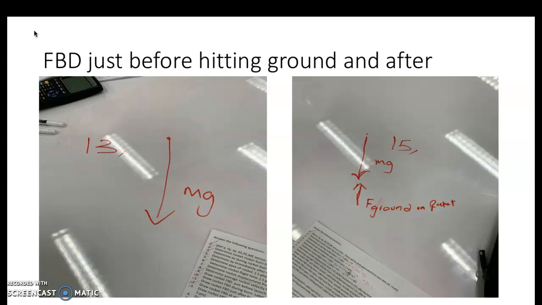The free body diagram just before the rocket hits the ground would just be mg, as in this time it's just in free fall. And after it hits the ground, there's mg driving it down to the ground, and then there's also the force of ground on rocket being applied in the opposite direction.